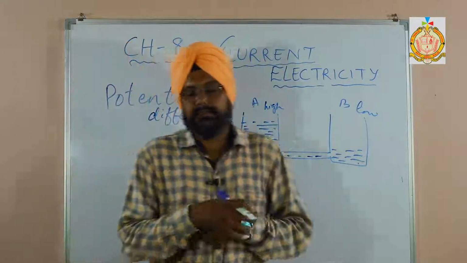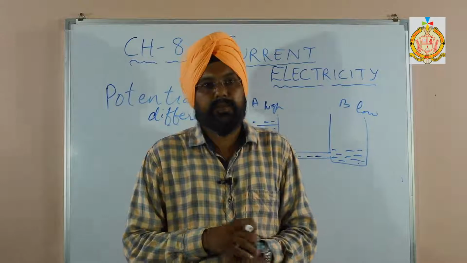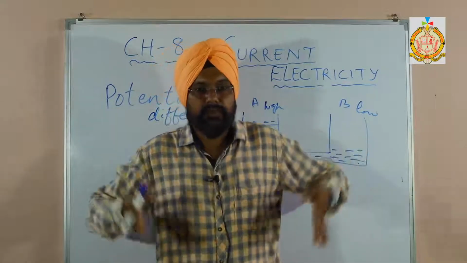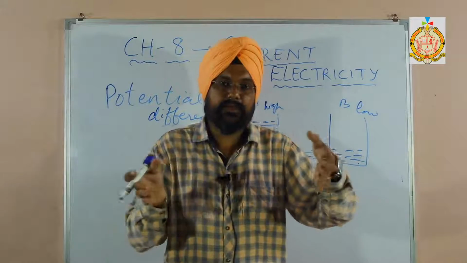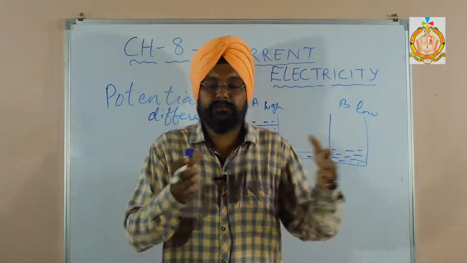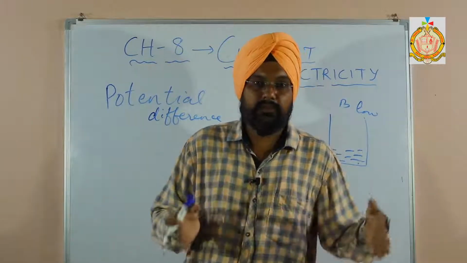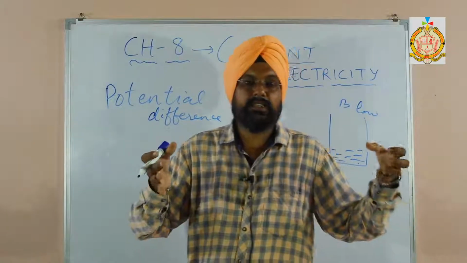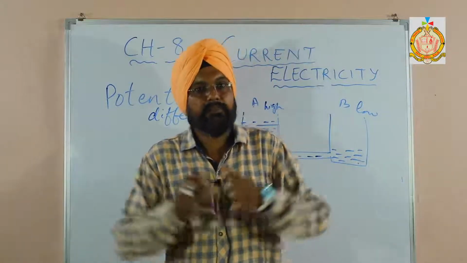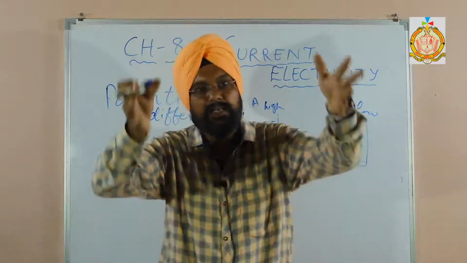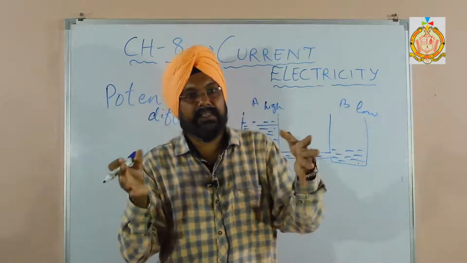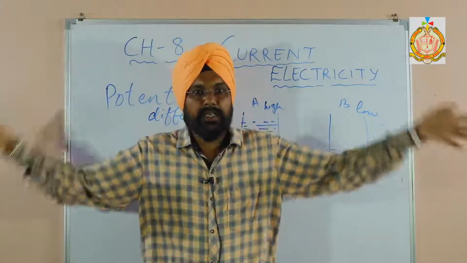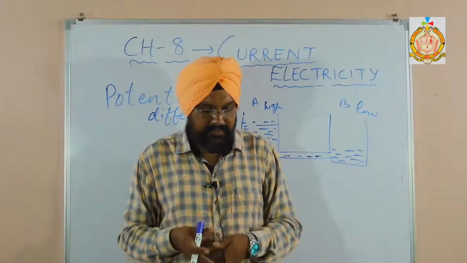In the 9th class I gave the example of a small bridge: 5 to 6 persons can pass, but buses or vehicles cannot pass through it because it is very tight, so it has more resistance. If it is a big one, then vehicles can easily pass, which means less resistance. So less the area, more the resistance; more the area, less the resistance.